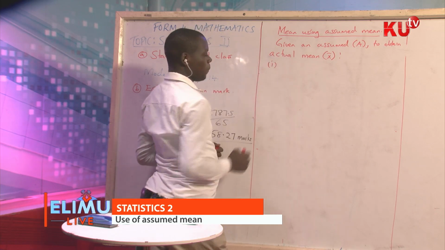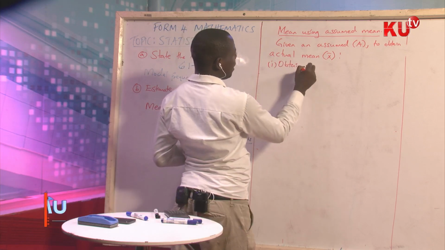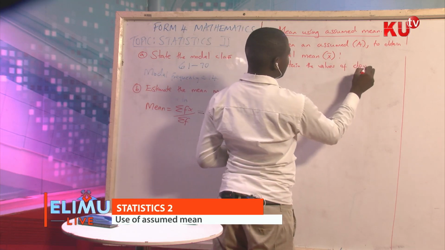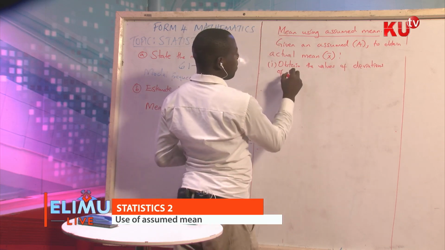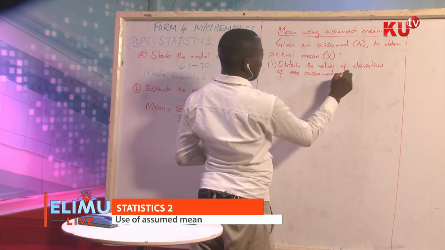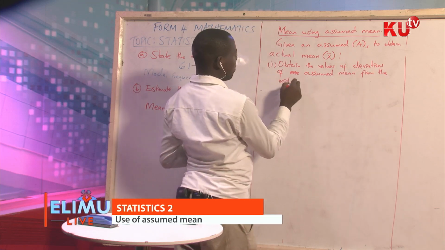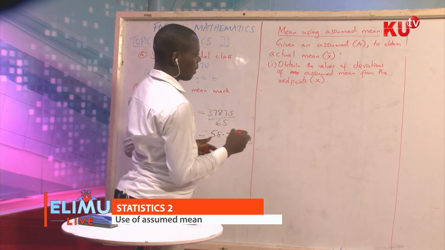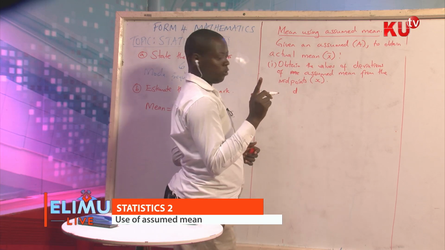Step number 1, we shall simply obtain the values of deviations of the assumed mean from the midpoints, or simply the values of X. And we call these deviations, we use either D or T. It depends on what you want to present.